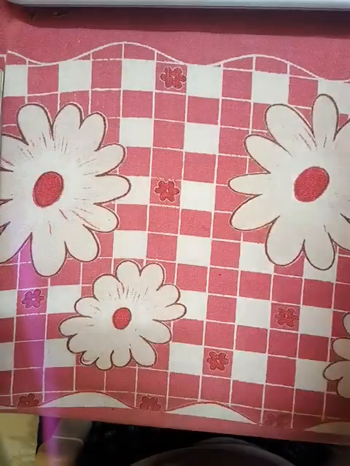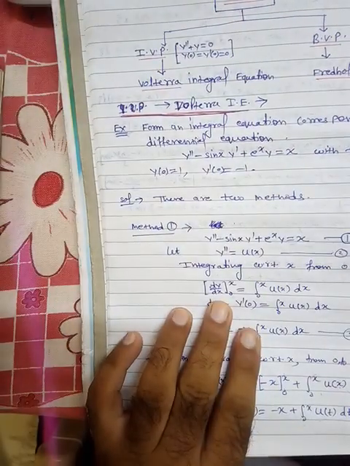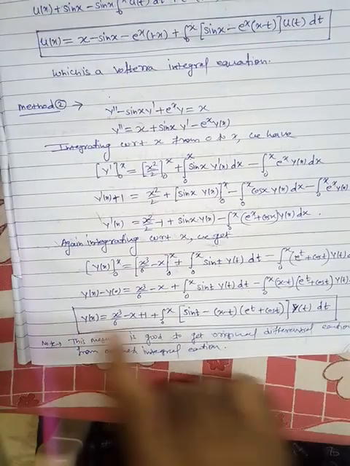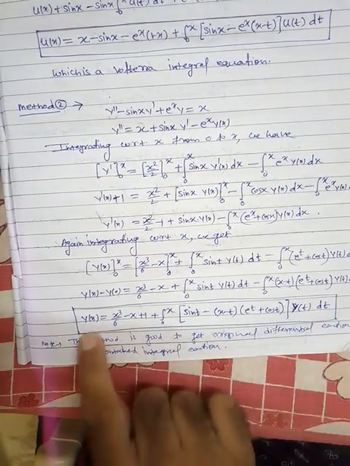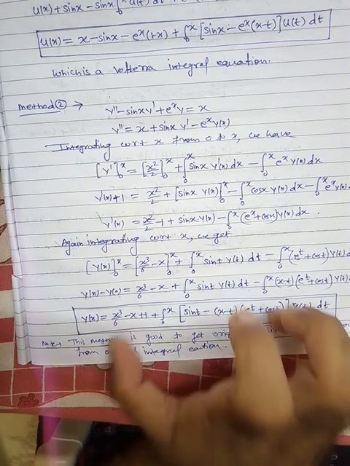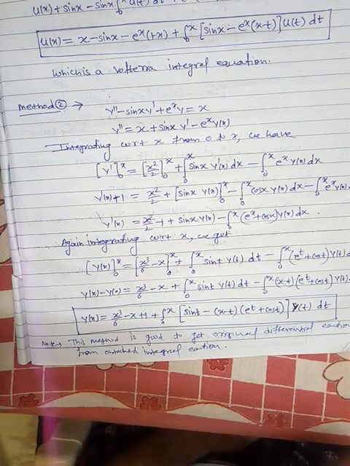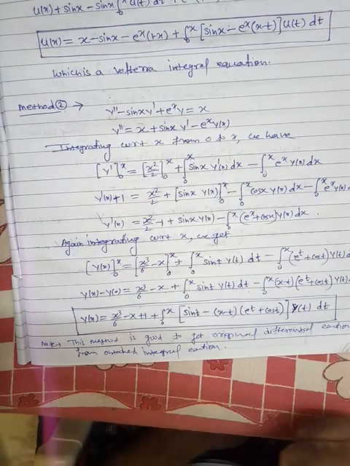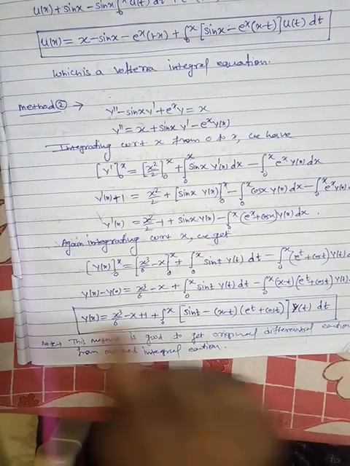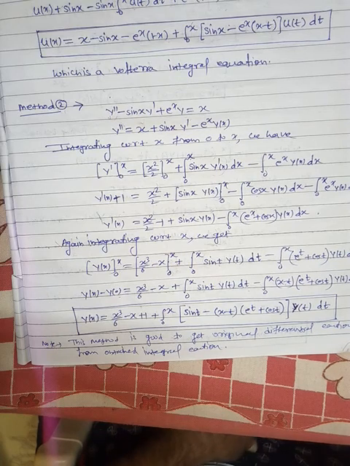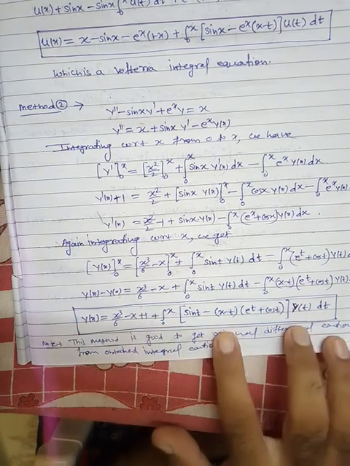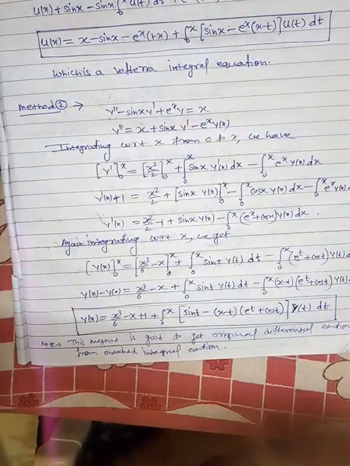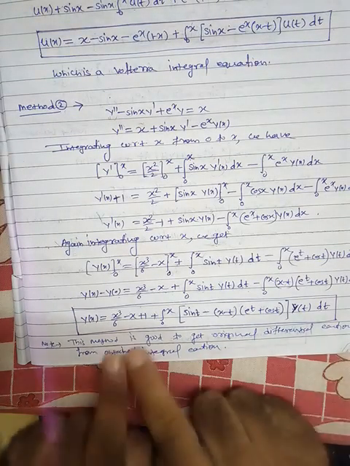However here the unknown function is y, so you are not getting the same equation. However in the second method, when you convert this integral equation into a differential equation, then you will get the same actual equation back. So this is the benefit of the second method. So whenever you are converting the given differential equation into an integral equation, then you have to opt for this method. Fine. So this is the benefit of the second method.